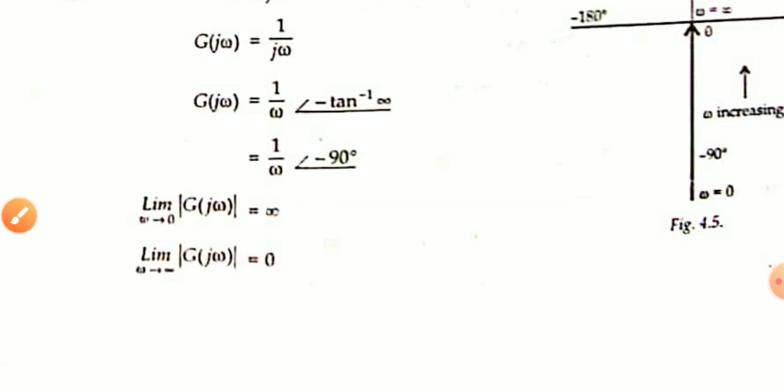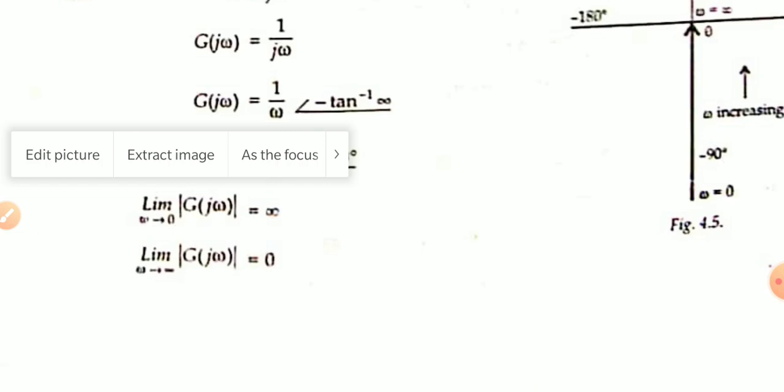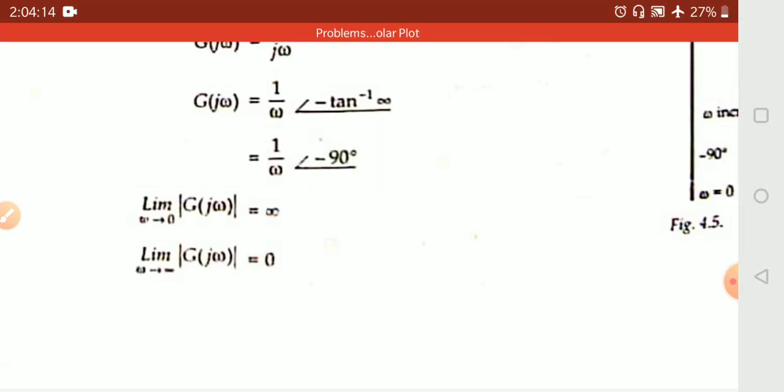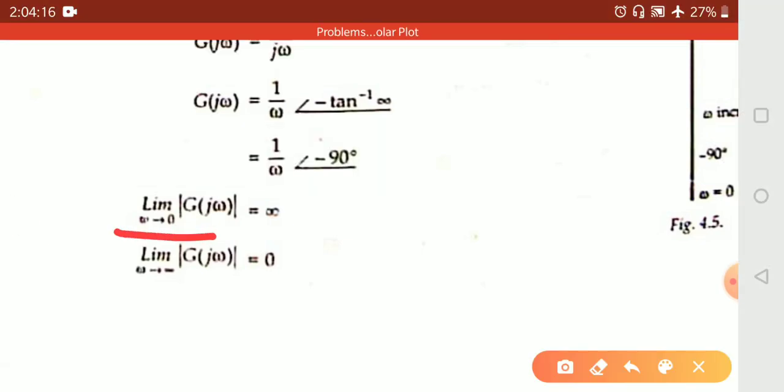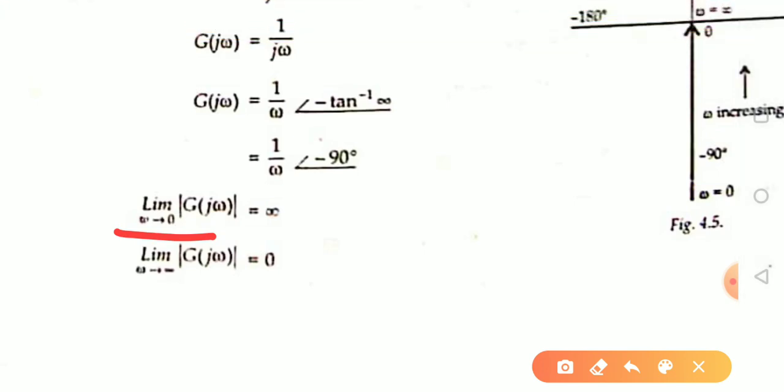Now the next step is finding the magnitude when omega tends to 0.